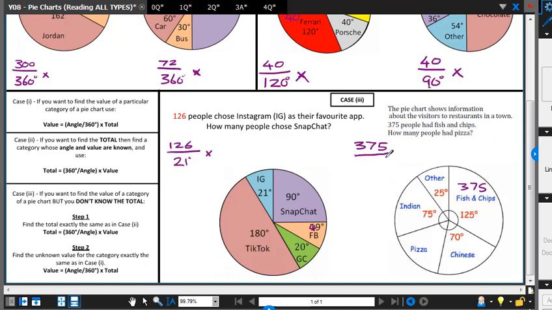Alright, so 375 divided by 125. And we're going to multiply it by pizza. What's the angle? Okay. 75 plus 25 is 100. 100 plus 125 is 225. 225 plus 70 is 295.